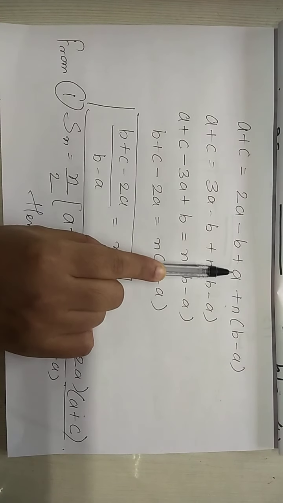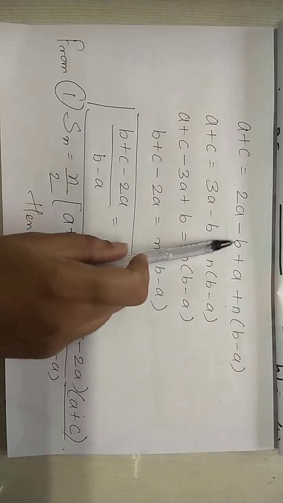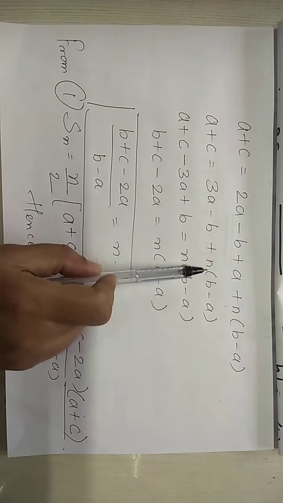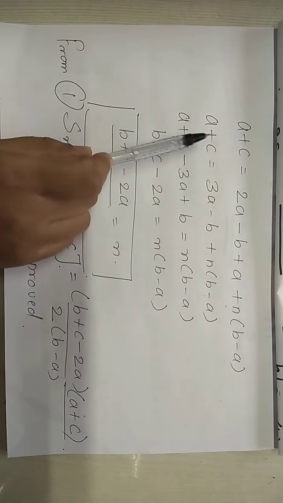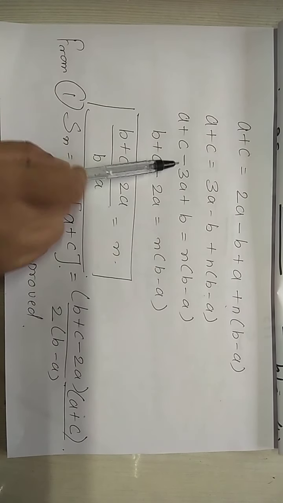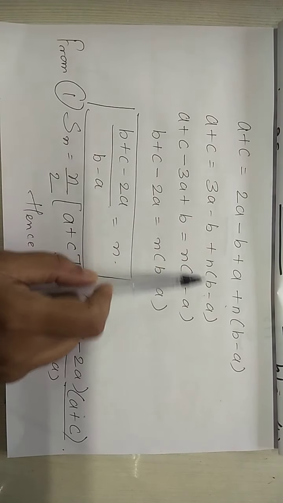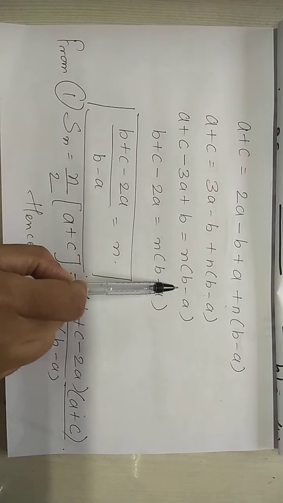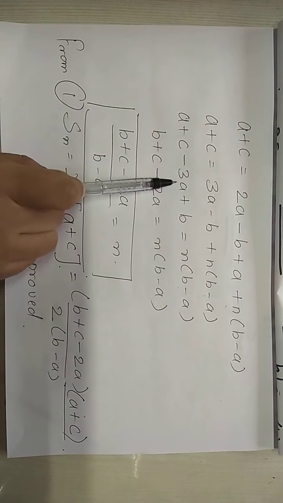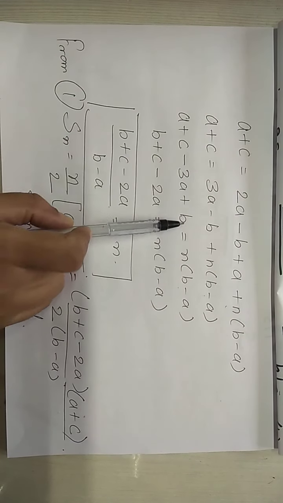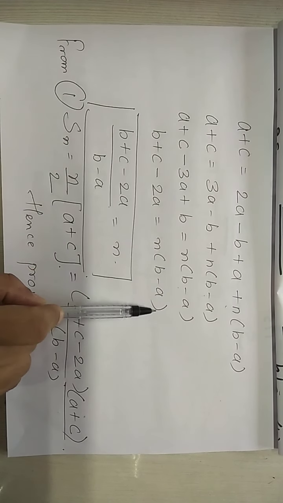So a plus c equals 2a plus a, which becomes 3a, minus b plus n (b minus a). Now this 3a will go to the other side and become minus 3a, and this b will go to the other side and become plus b, equal to n (b minus a) as it is. Now a and 3a: this is a, this is 3a, will become minus 2a, and b plus c will remain as it is, equal to n (b minus a).